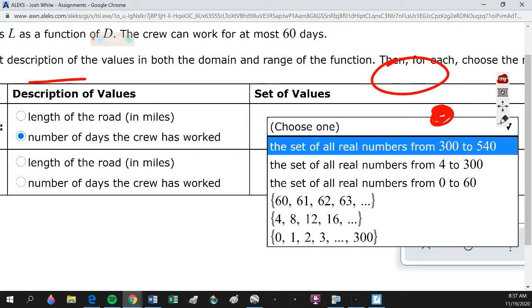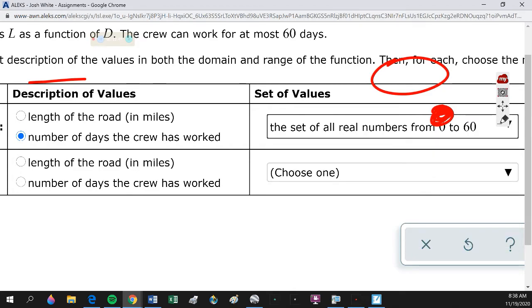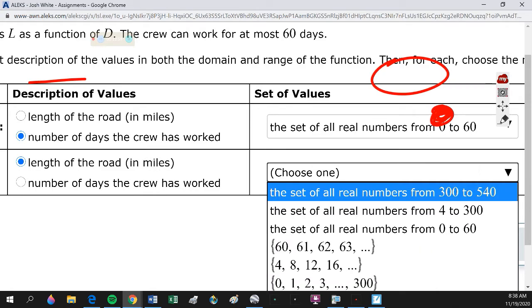Could it be all real numbers from 4 to 300, all numbers from 0 to 60, or 60, 61, 62? Which one? This one. Okay. And the range would be the length of the road. How long can the road be?